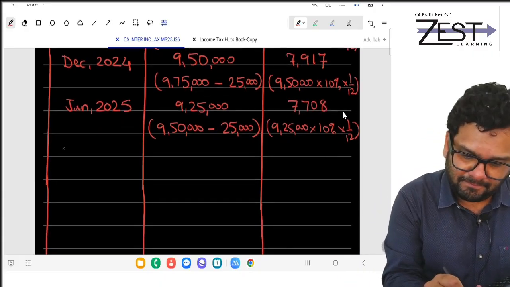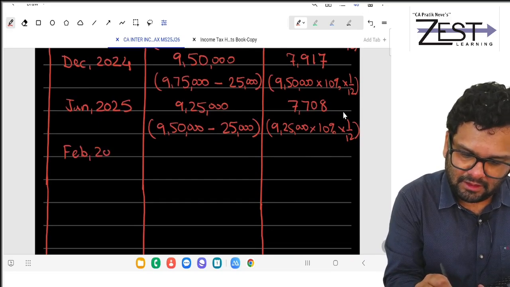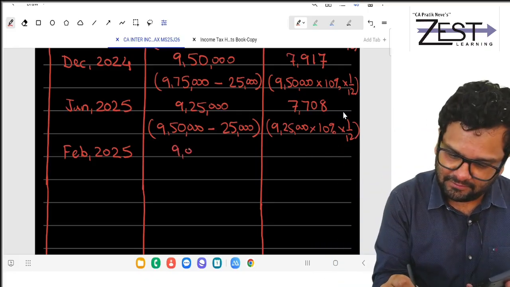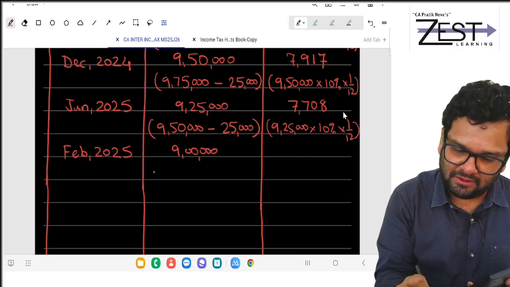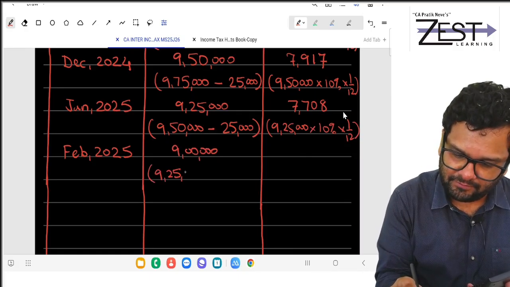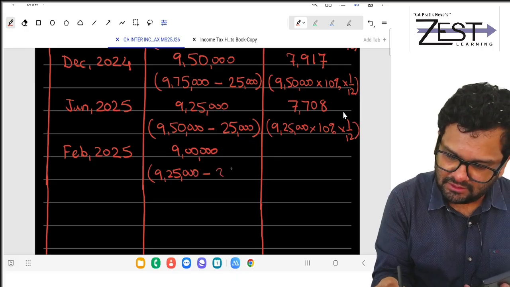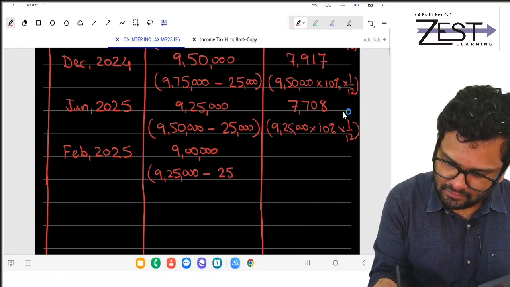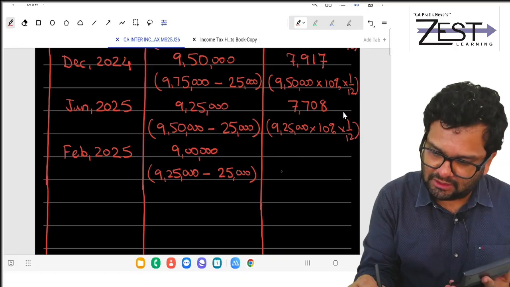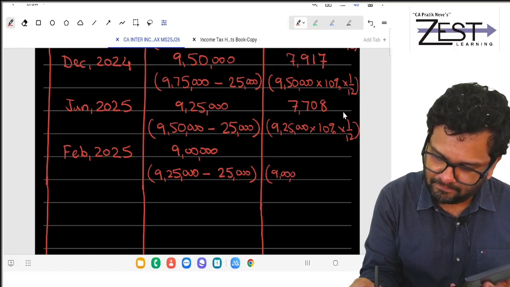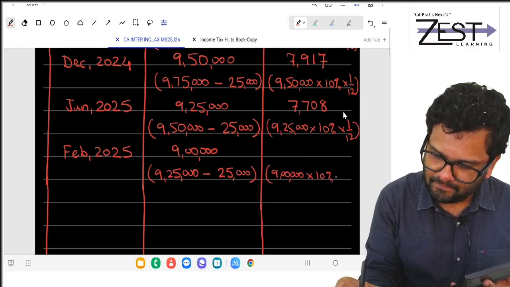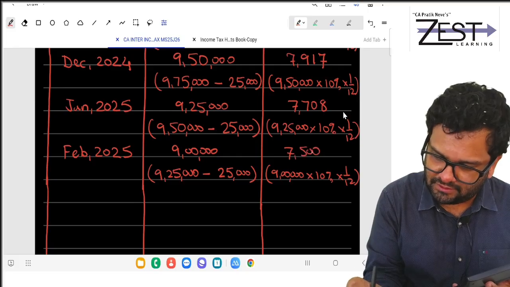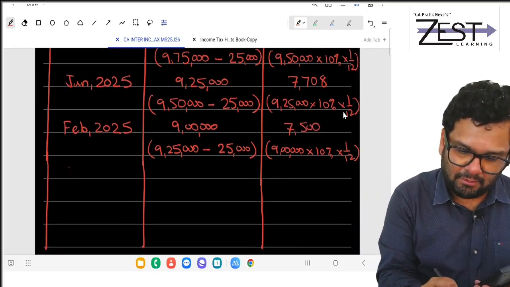Come to Feb. In Feb 2025, 9 lakh is principal. No need to tell you why. 925 minus 25. Please calculate on 9 lakhs. Yes, 7,500.